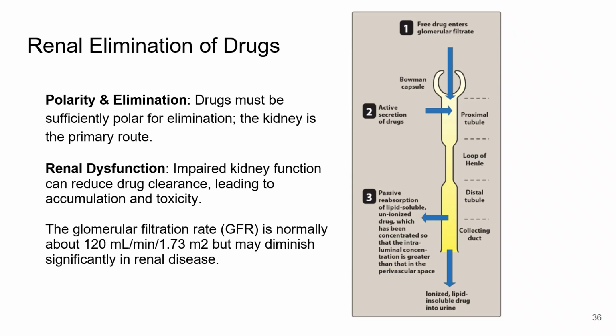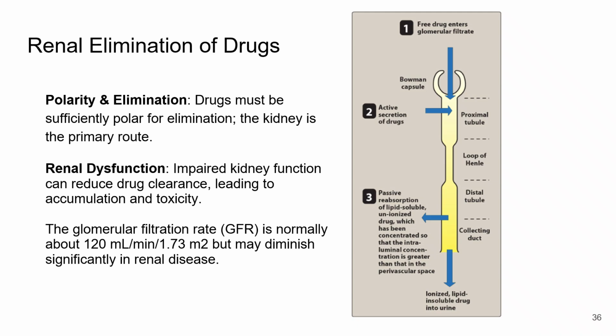In clinical practice, when we assess kidney function, we refer to glomerular filtration rate, or GFR. Normal GFR is about 120 milliliters per minute per 1.73 square meters, which is just what will show up on the lab. But this value can decrease substantially in renal disease.